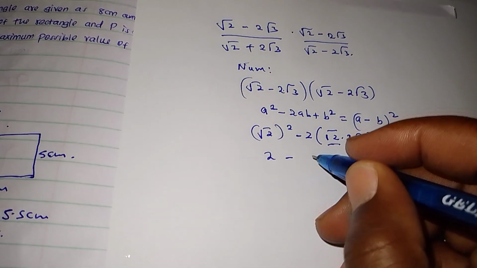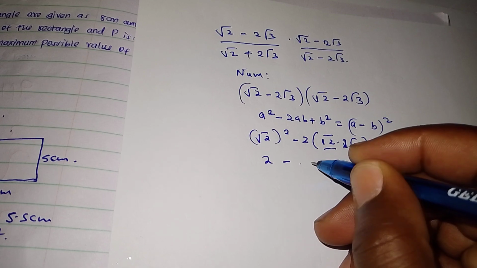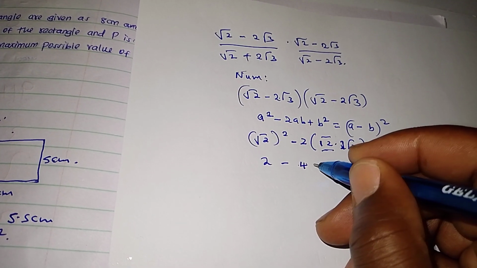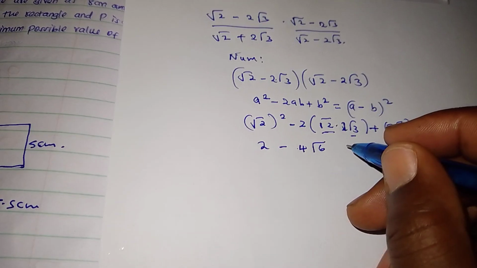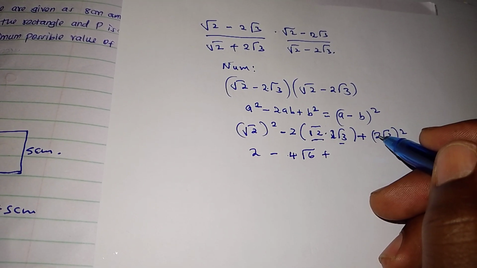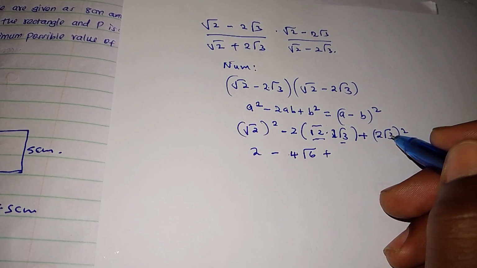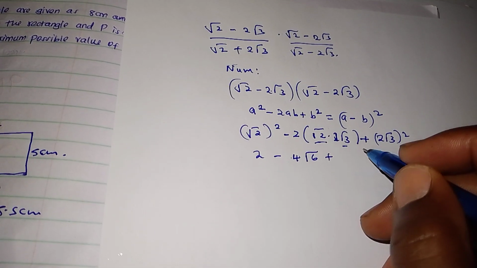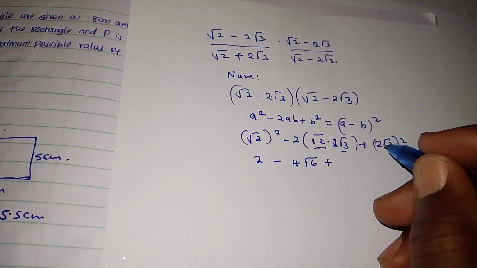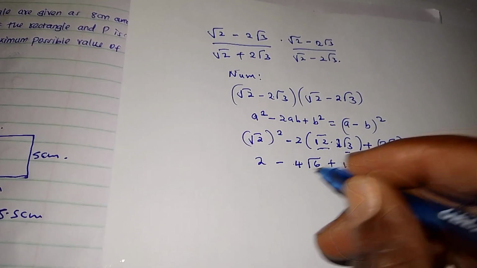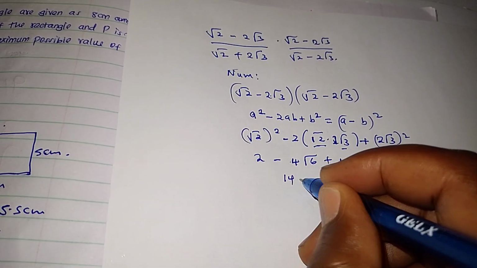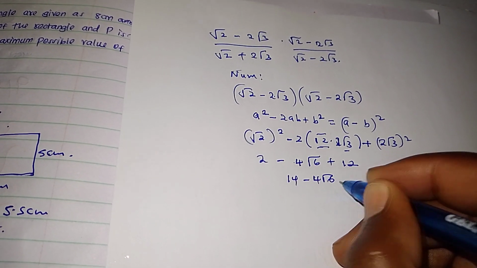So this is like 2 times 2, we have 4, and then root 2 times root 3, that's root 6. Then plus, we square 2 and root 3 separately. 2 squared is 4, and 4 times root 3 times root 3 is 4 times 3, that's 12. If you evaluate this, you have 14 minus 4 root 6.